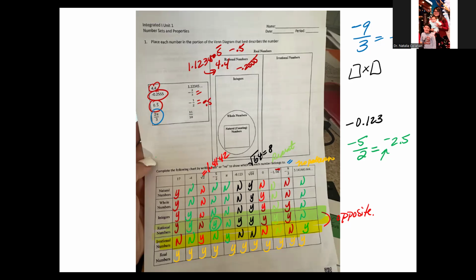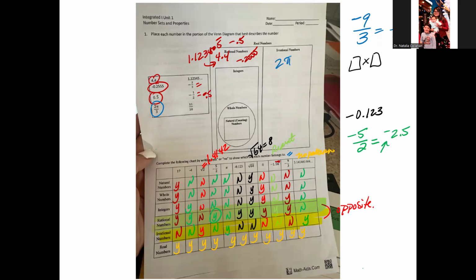So let's try this. 2π divided by 3. Yeah, that's irrational, right? Yeah. So that'll be 2π/3.